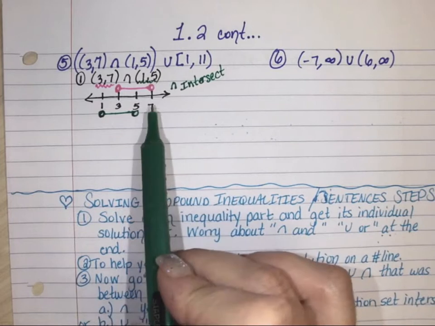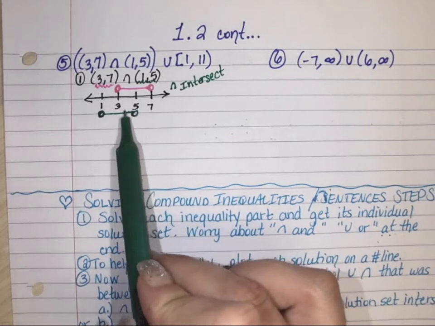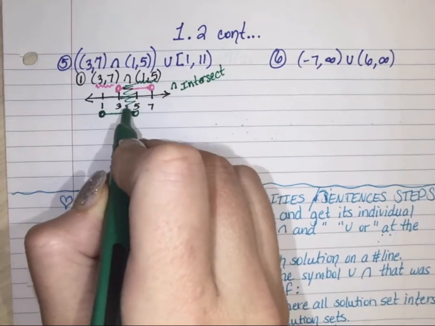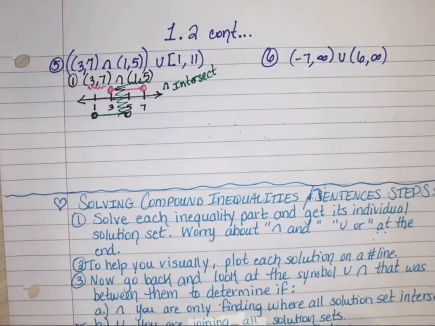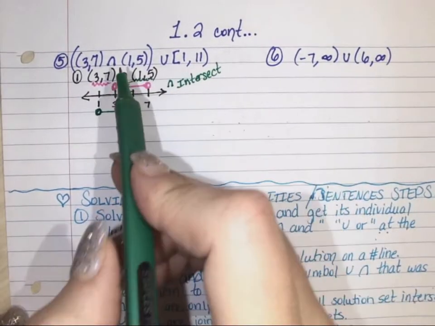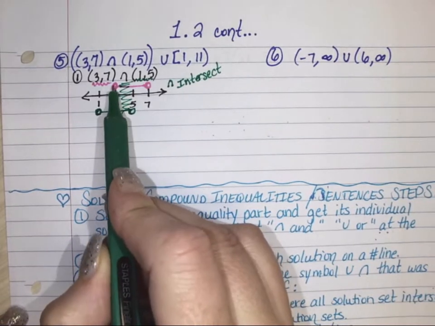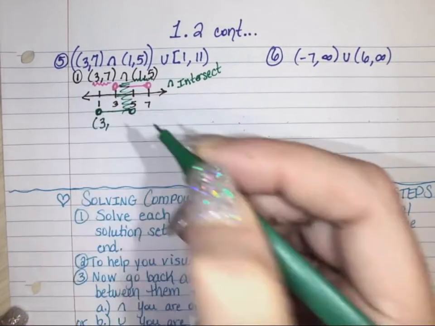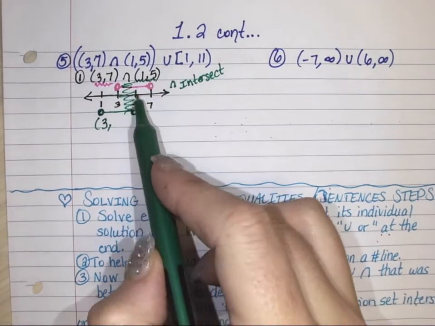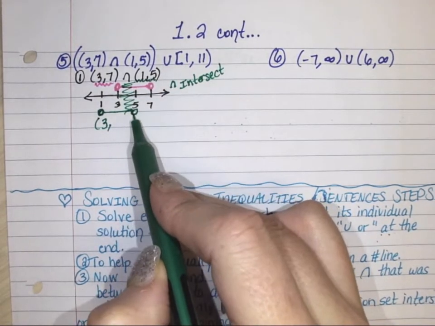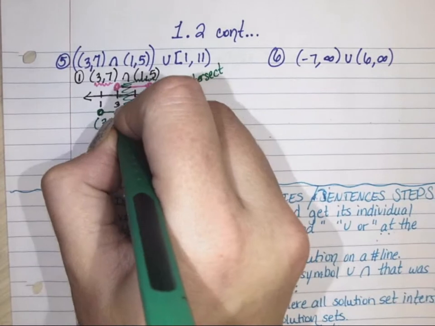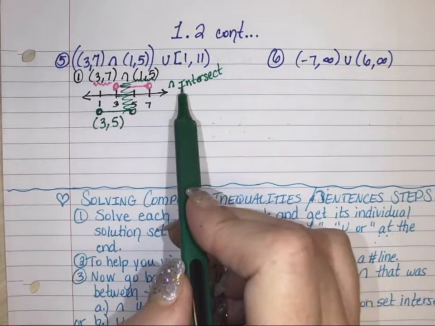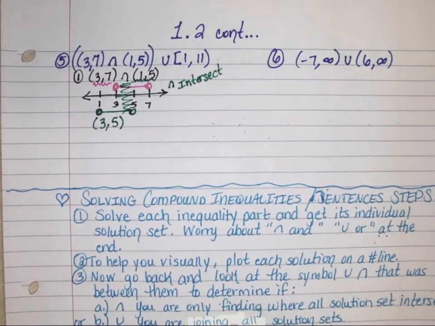Notice the only place that they overlap is here, from 3 to 5. 3 is included on this piece, but it's not here. So we got 3. And then 5 is included on this piece, but not here. So from 3 to 5 is the only place where these two solutions intersect or overlap.